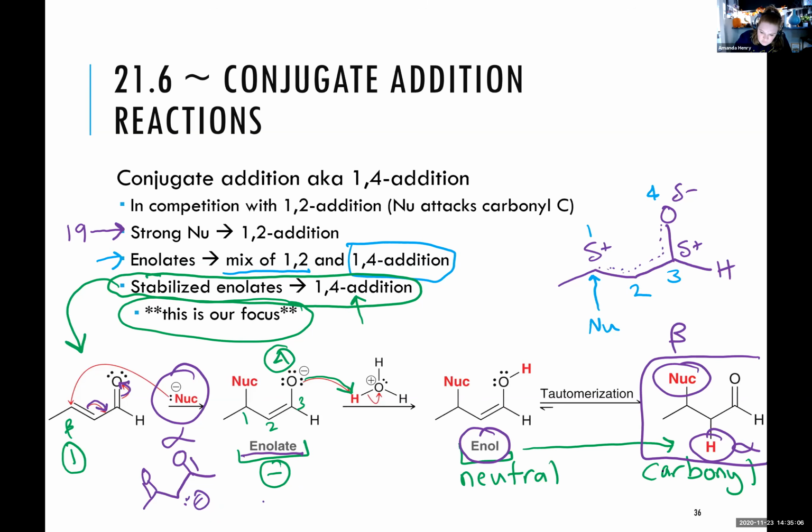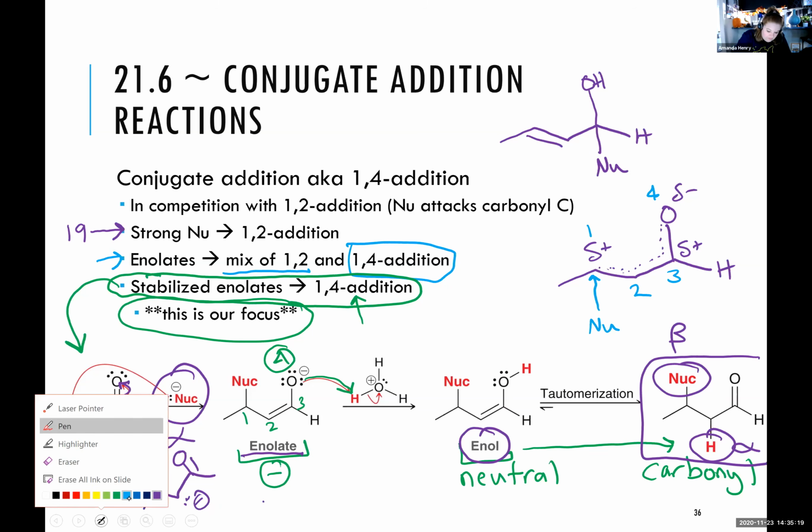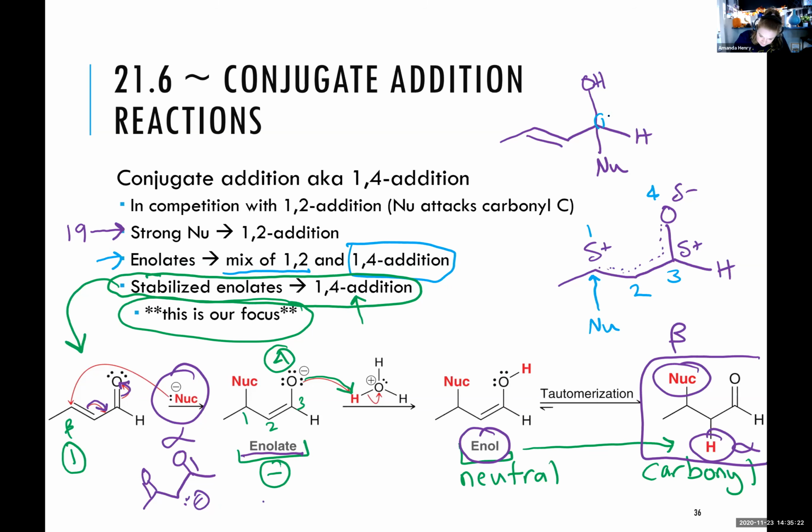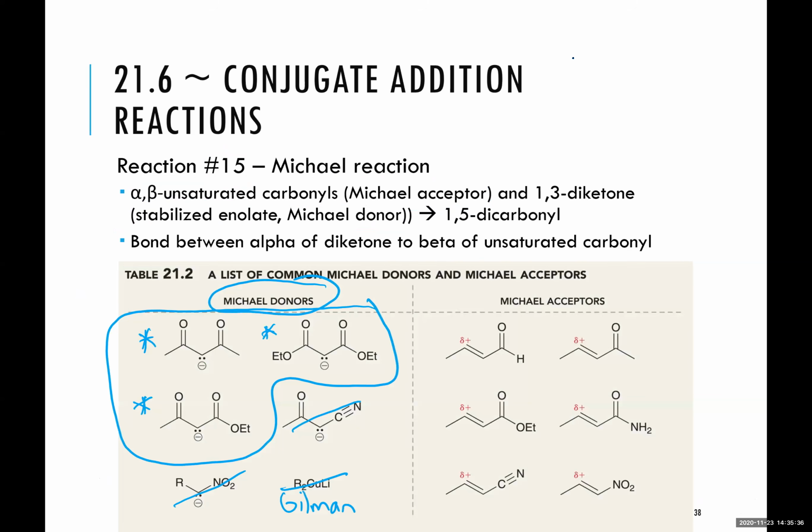For this one, the 1,2 would be to have the nucleophile added at the carbonyl position and the oxygen turning into an alcohol, because you're adding the nucleophile at carbon number 1 and then adding the hydrogen at position number 2, which would be the oxygen. Gotcha. Any other questions?